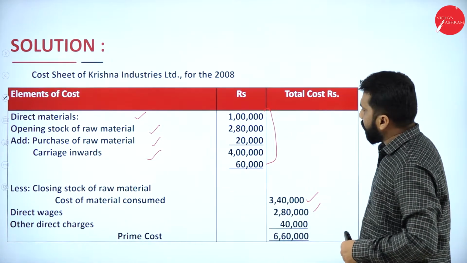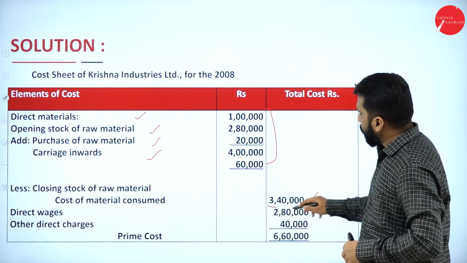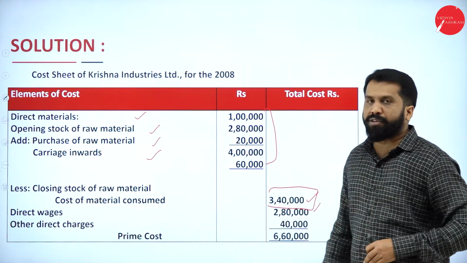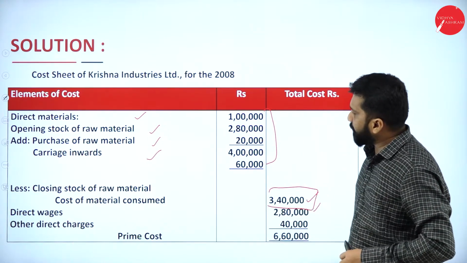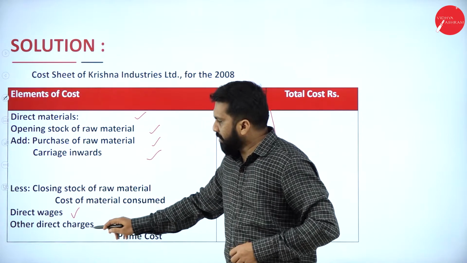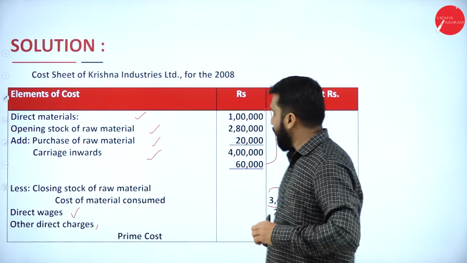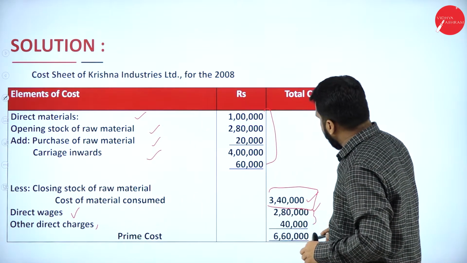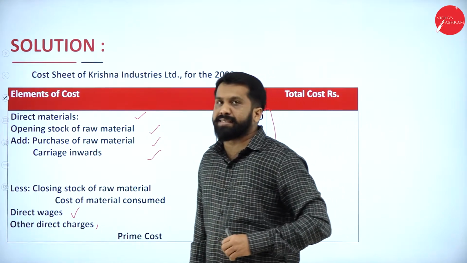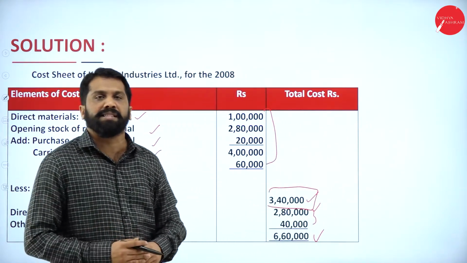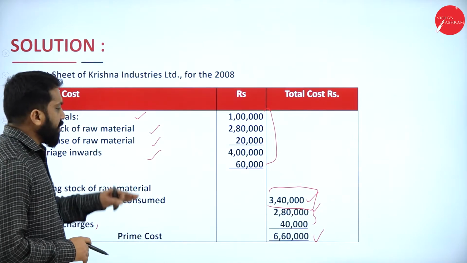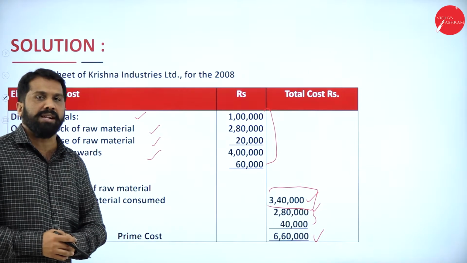You got your raw material consumed, around 3,40,000. Now, for that, direct wages and other direct charges we are supposed to add. If you add these two, you will get 6,60,000. Up to this, any doubt? No doubt. So you have up to 6,60,000.